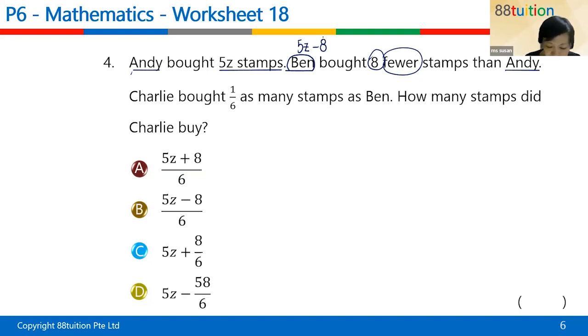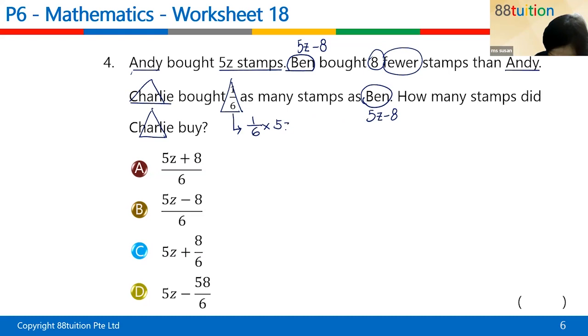Then now another person, we call him Charlie. Charlie has how much? 1/6 as much as who? As Ben, which Ben has 5z minus 8. So he wanted to find Charlie who is 1/6, right? So Charlie bought 1/6 as much as 5z minus 8.